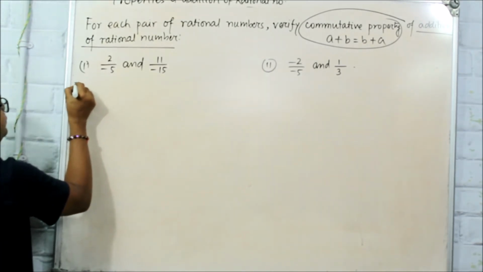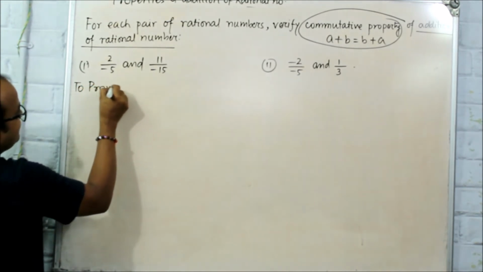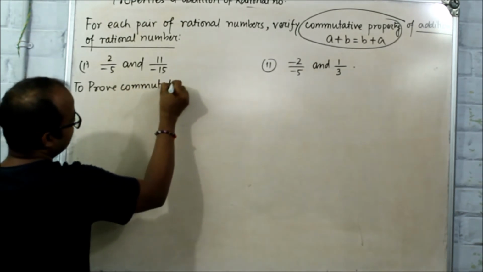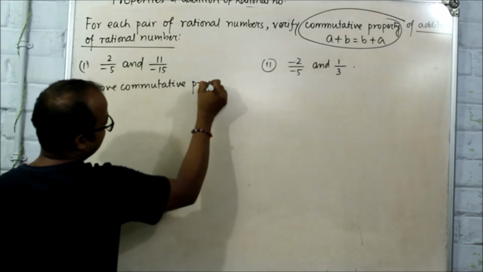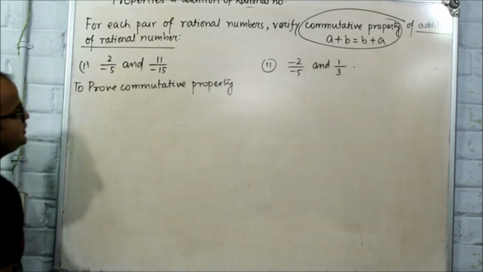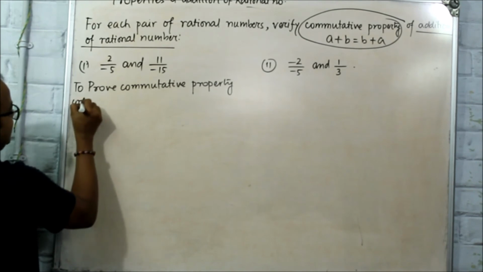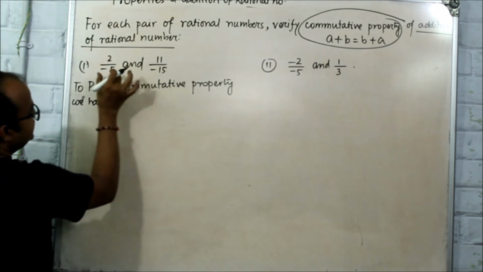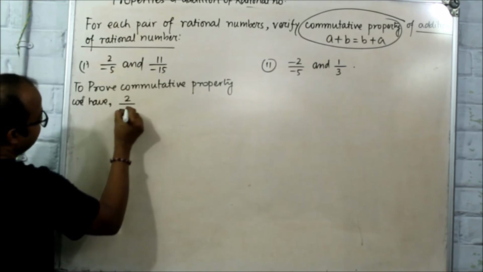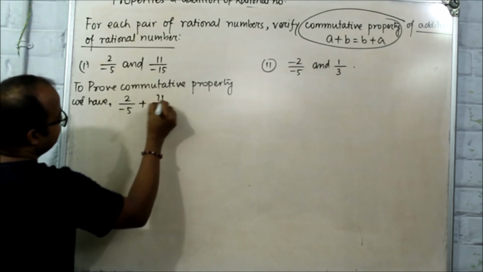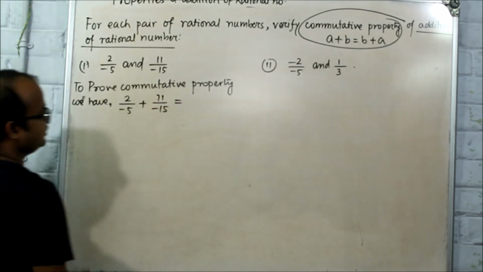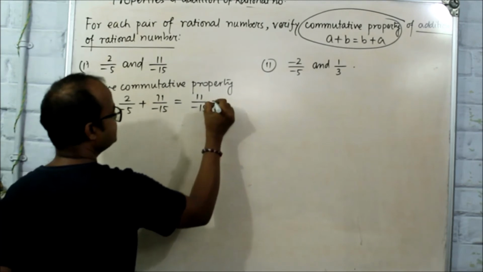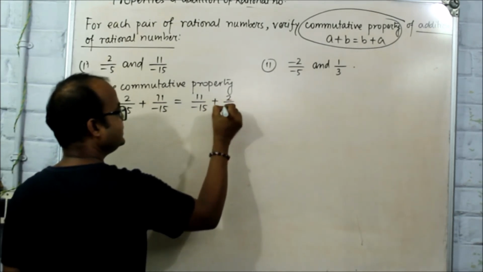So you need to write: to prove the commutative property, we have to prove this plus this, that is 2 by minus 5 plus 11 by minus 15 is equal to 11 by minus 15 plus 2 by minus 5.